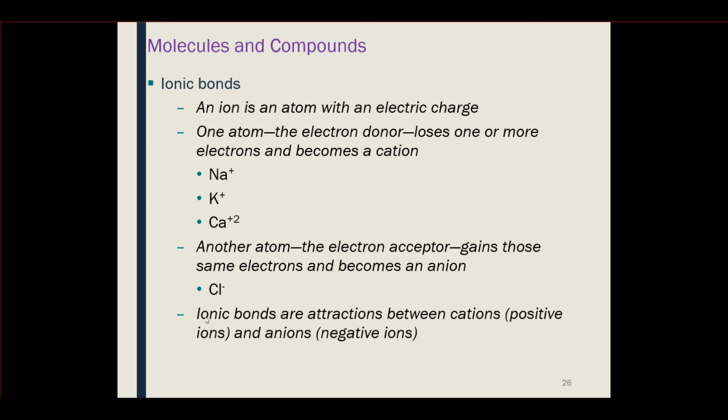And that's this highlight right here. Ionic bonds are attractions. That's the key word, between cations and anions, between what's positive and negative. If you always remember, opposites attract. So we're only going to see ionic bonds with ions. Positives will be attracted to negative.